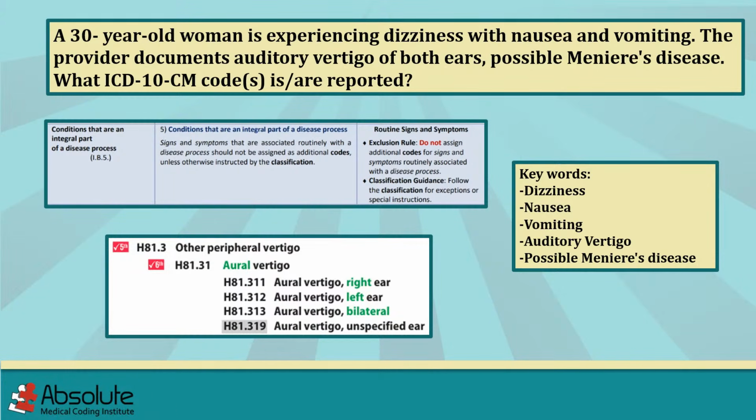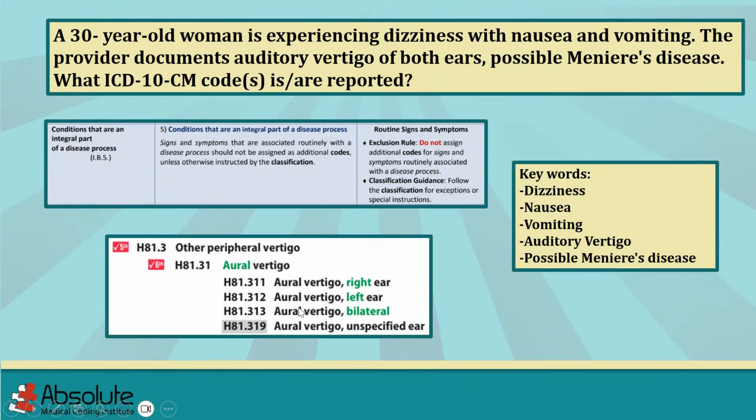Both ears means that it is bilateral. So this is the main term you're going to be using, the peripheral vertigo. Then you're going to move on to the oral vertigo. Since it needs 6 characters, you're going to move all the way down and select H81.313, oral vertigo bilateral. If you got that right, absolutely amazing.